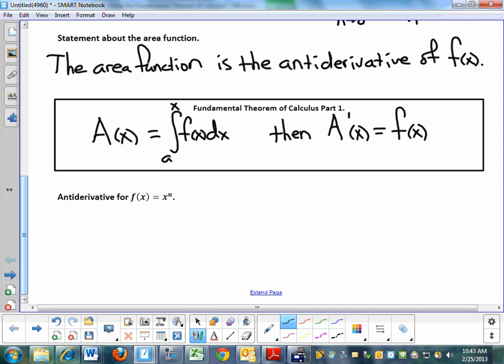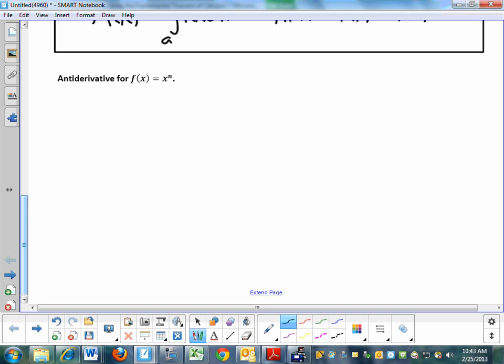If you want the area, you take the antiderivative of the previous function. Now, first let's define what an antiderivative is. We will work through it, and then we'll do just a basic problem. Okay?